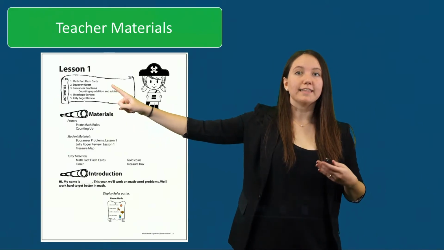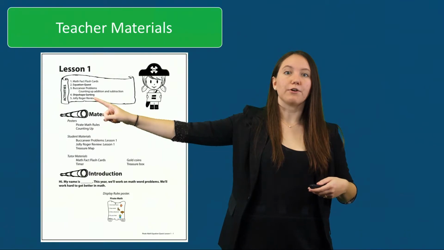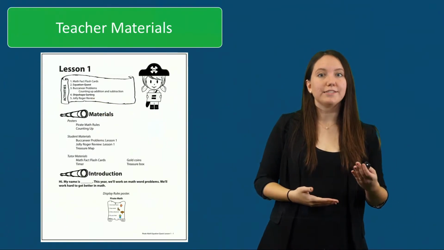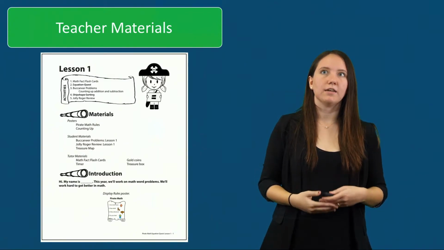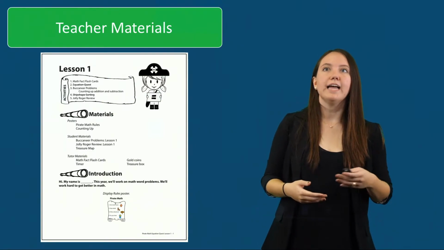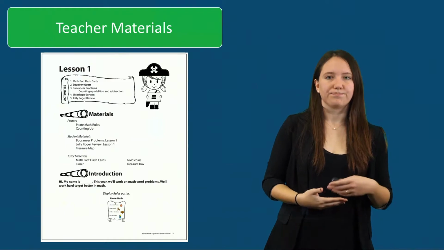You'll notice in this lesson guide example that Equation Quest and Shipshape Sorting are crossed out. That's because these 2 activities are not taught in this specific lesson. Equation Quest is crossed out in lesson 1 because it's not introduced until lesson 2, and Shipshape Sorting is crossed out because it's not introduced until lesson 7.